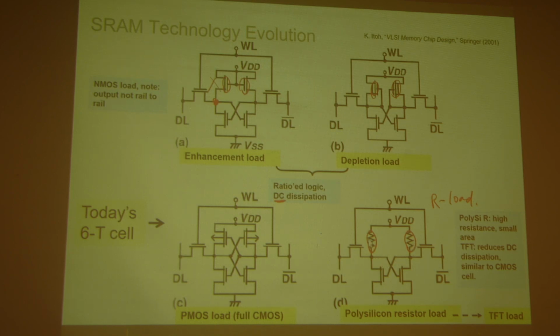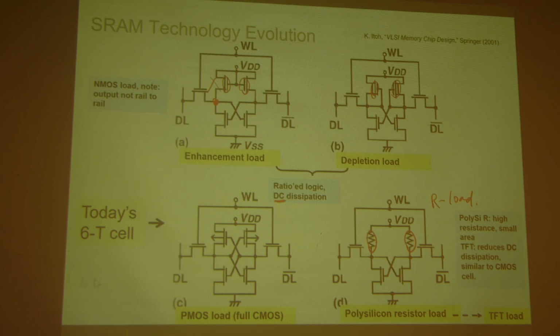And sometimes people use thin film transistors for these two nodes. The thin film transistor is not a silicon transistor. It's a transistor at the back end of the line, at the interconnect, where you have polysilicon as the transistor. It's not a single crystalline substrate transistor. So those are the variants in the old days.